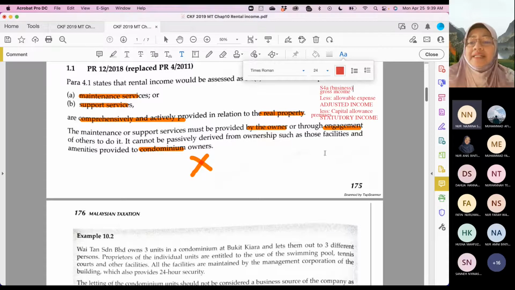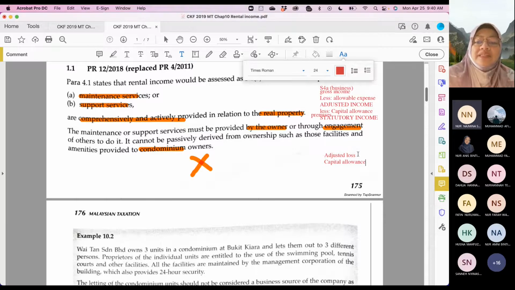And then you have capital allowance. If you have an adjusted loss, your adjusted income is nil, so the capital allowance will not be utilized. It will be carried forward to the following year to be set off against your future adjusted income. So that's the good thing about 4A.